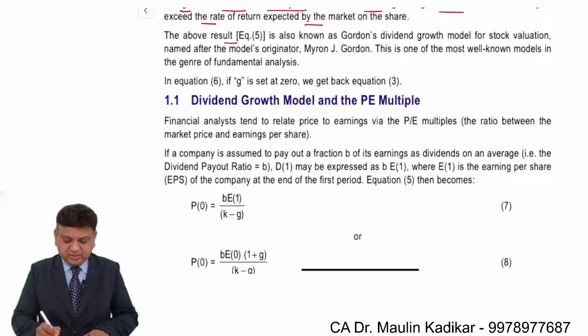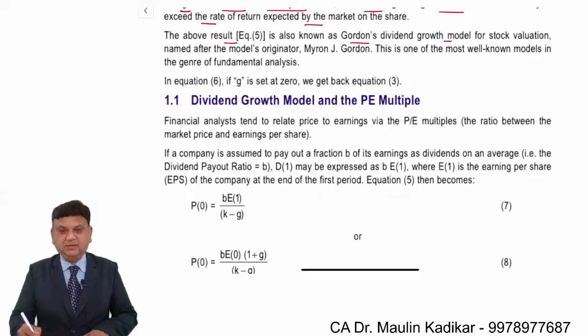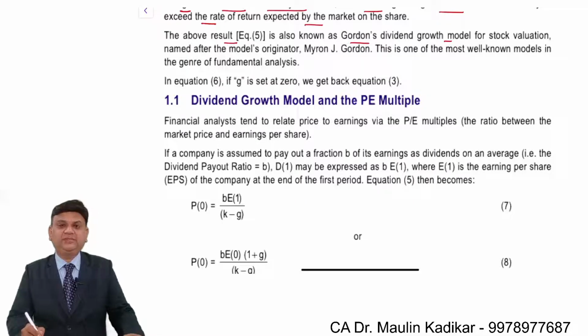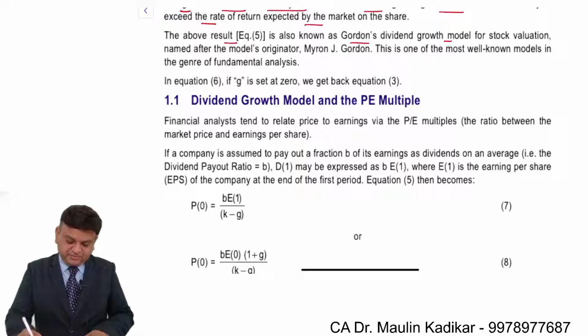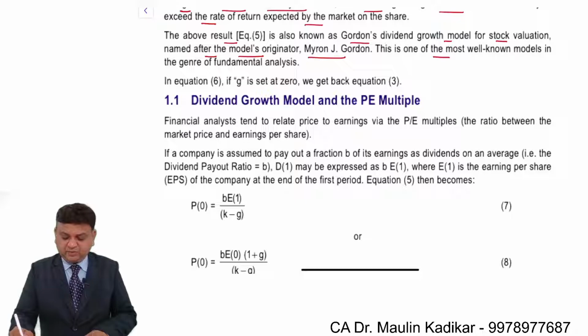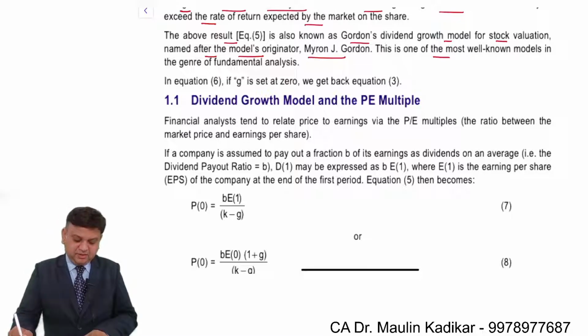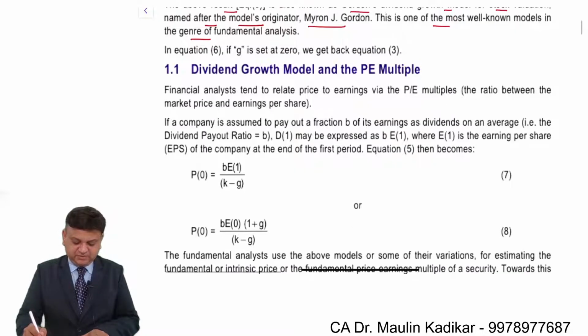The above result, equation 5, is also known as the Gordon dividend growth model. This is something you might have studied at your second level, in the chapter called dividend policy. Stock valuation, named after the model's originator Myron J. Gordon, is one of the most well-known models in the genre of fundamental analysis.